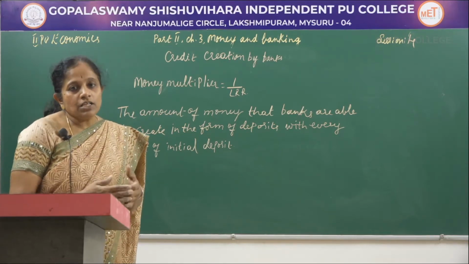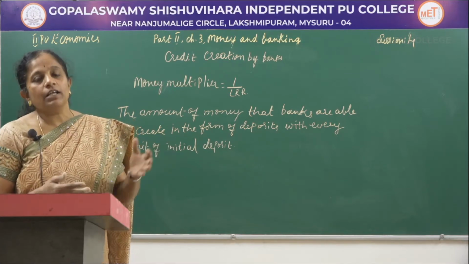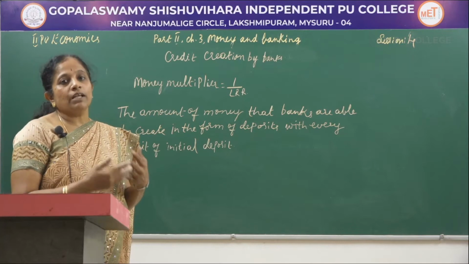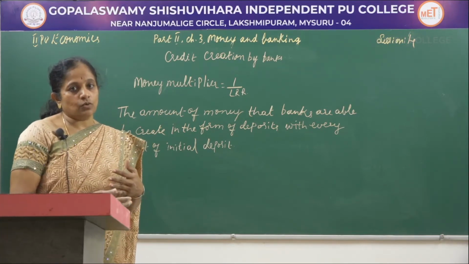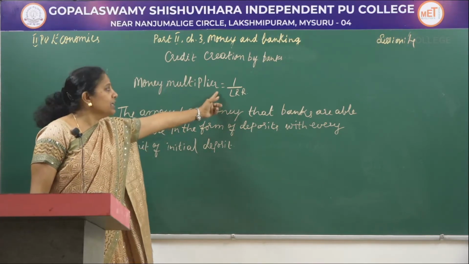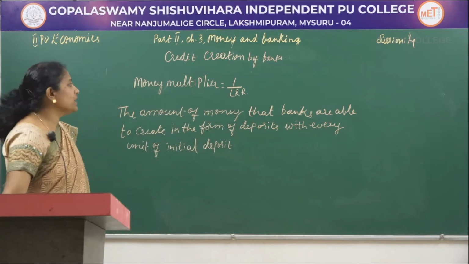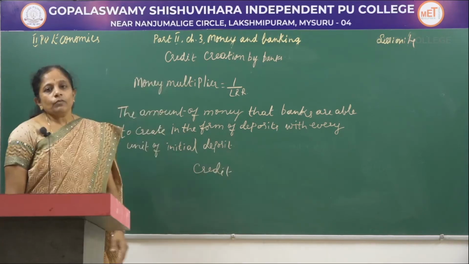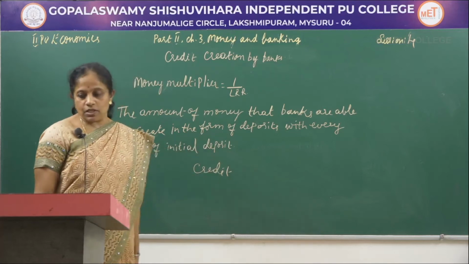So, on every initial deposit, how much money is recreated by these commercial banks, that is in the form of credit creation. This is known as the money multiplier. The formula is 1 divided by LRR. This money multiplier is also called the credit multiplier. So, this is done from the initial deposit only.